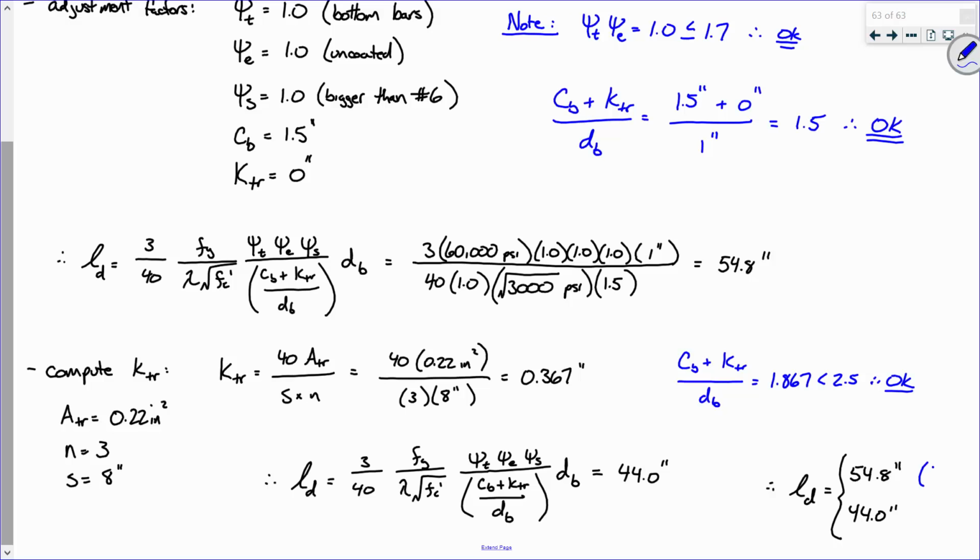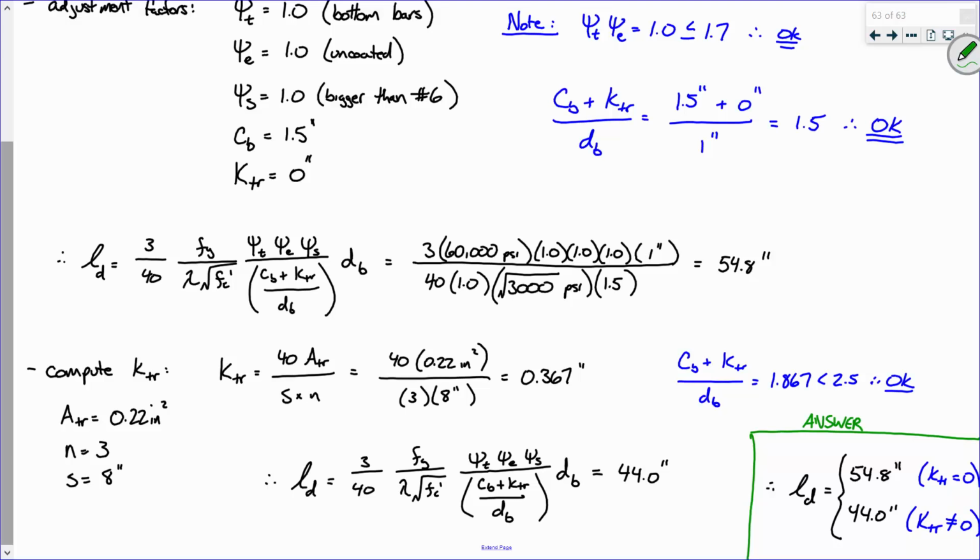So this is KTR equals 0. KTR doesn't equal 0. So, hold on. Let's be clear about what's going on.